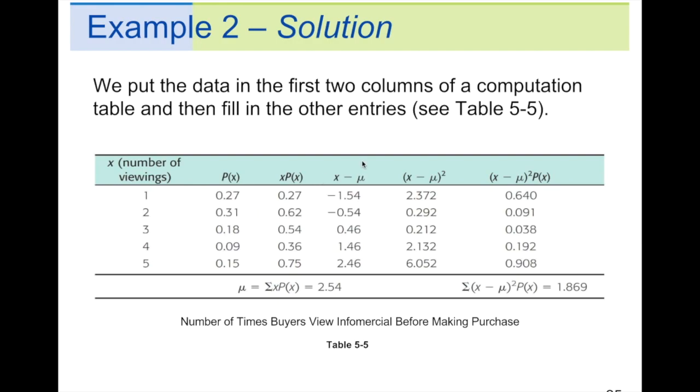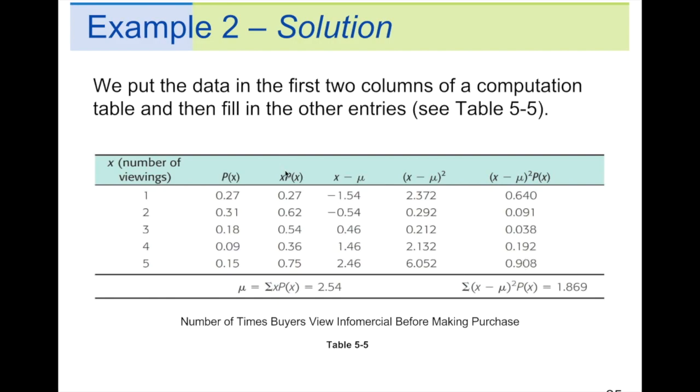Then we have the deviation from the mean, x minus mu. And then we calculate that. Then we have the deviation squared, so we just take this number and square it. Then we have the deviation squared times the p of x, so we take this number and multiply it by p of x, and we get these numbers.